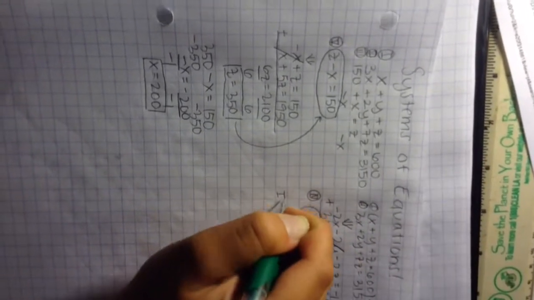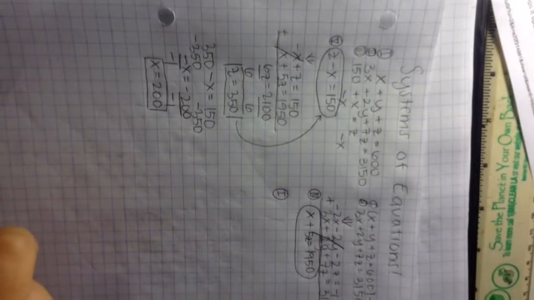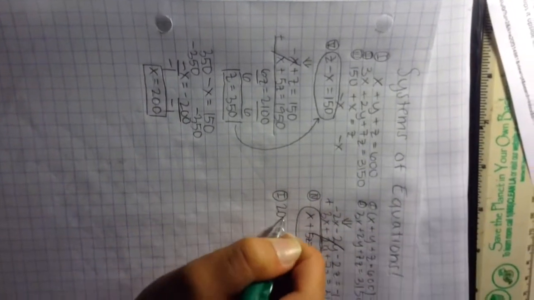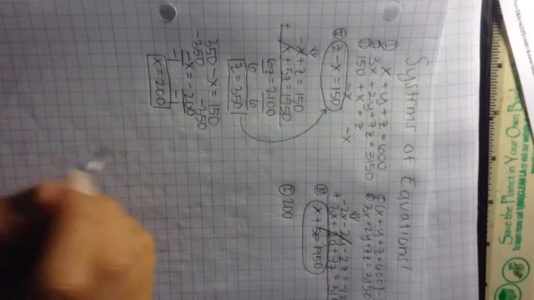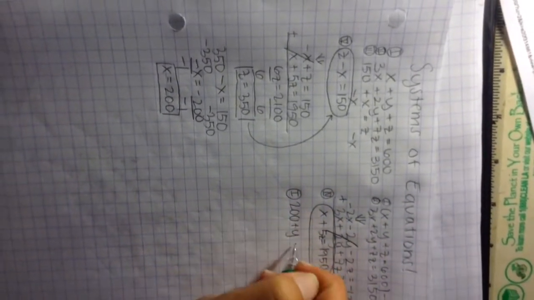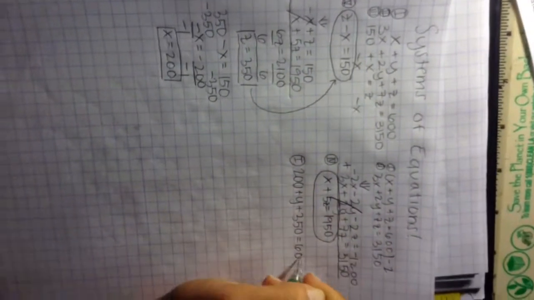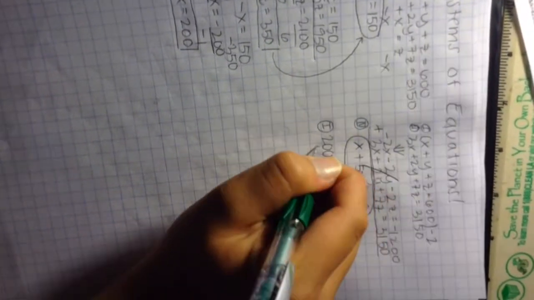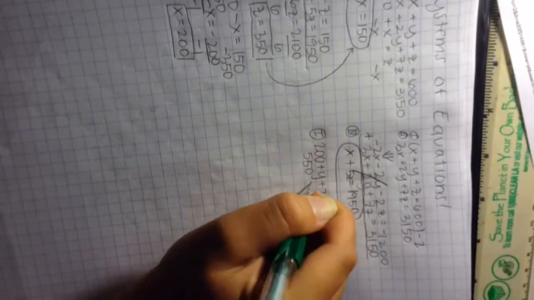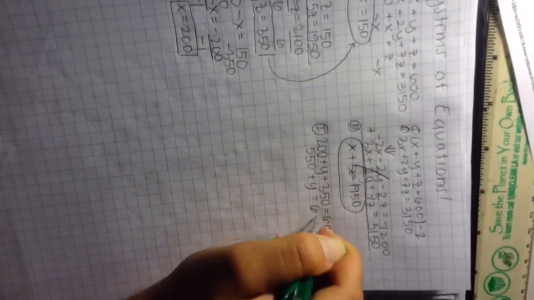So for 1, we're going to plug in 200 for x, plus y because we're still trying to find y, and then plus 350 because that is the z value, and that equals 600. And then we add 200 plus 350, and that equals 550 plus y equals 600.